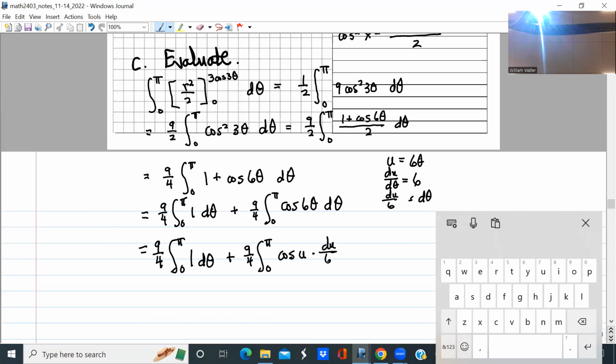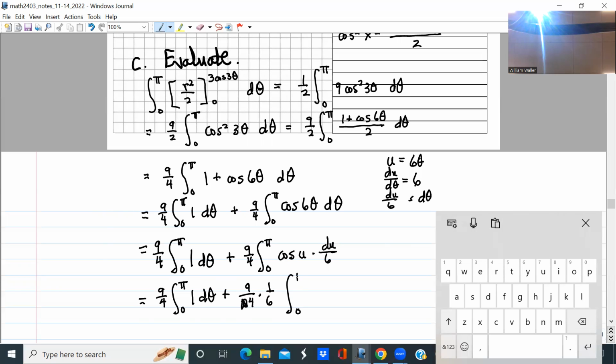Factor out the 1/6. I should have left the fourths factored out. Let me leave that as 9/4 times 1/6. Let's not multiply those together. And then what?